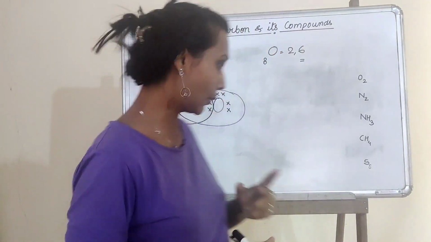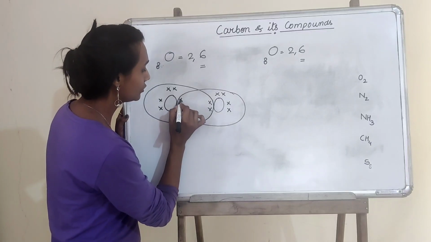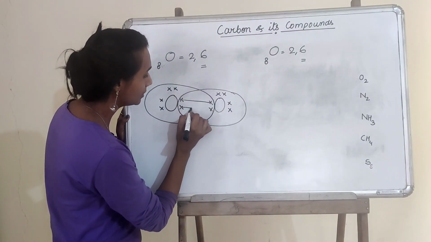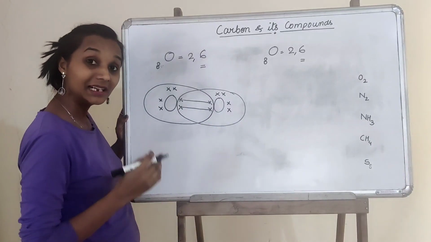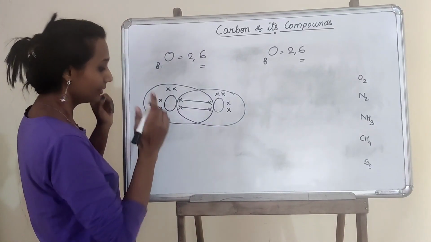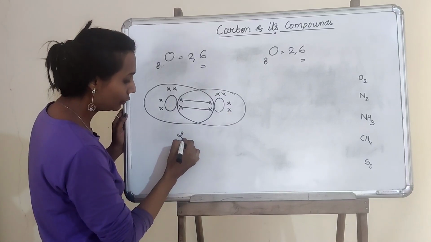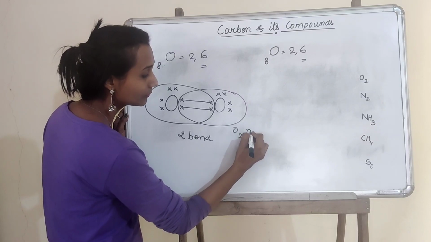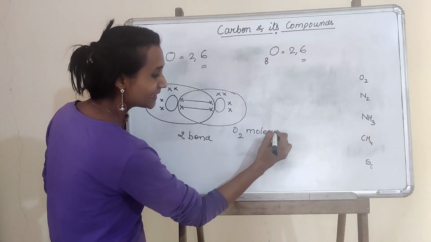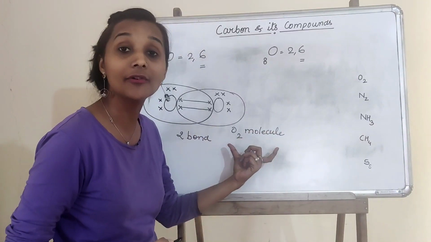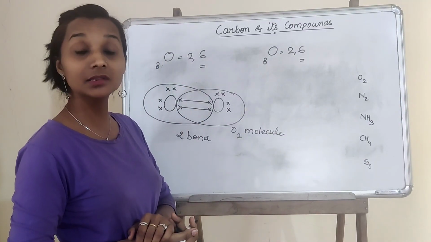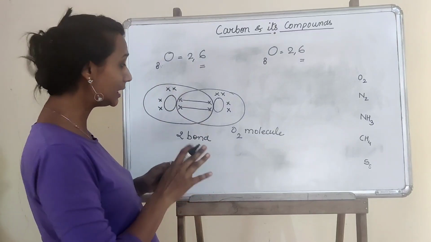Fine. So now can you trace here a bond? Can you trace here a bond? It means that there are 2 bonds between the oxygen atoms of the oxygen molecule. So this is the Lewis dot structure. Can you see?